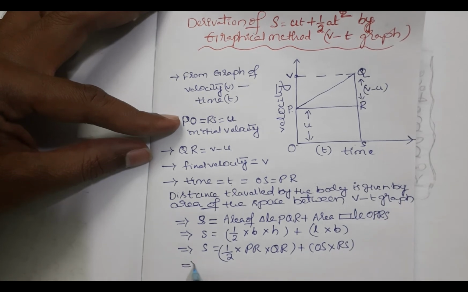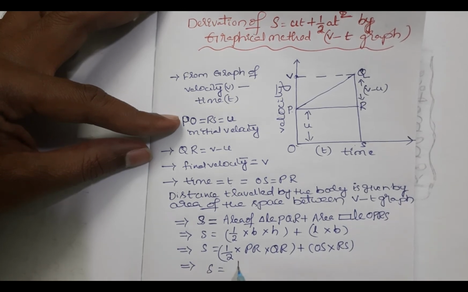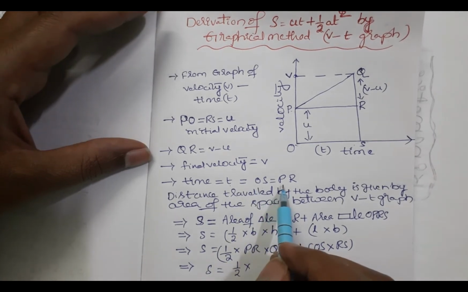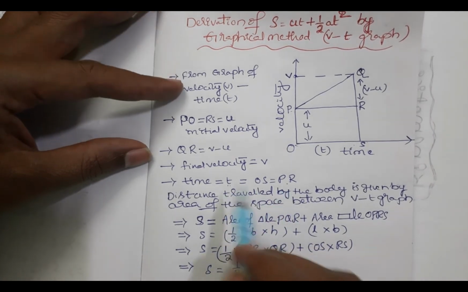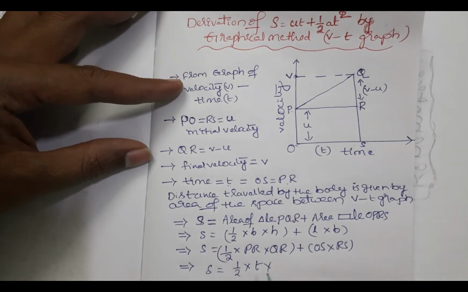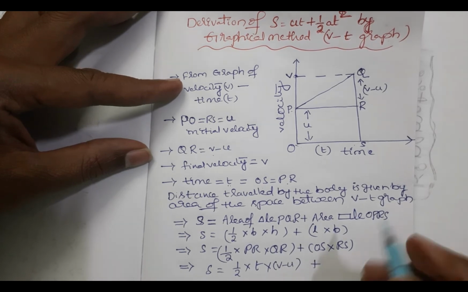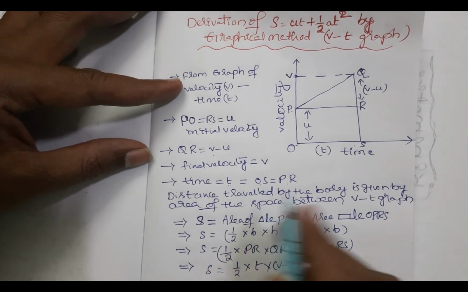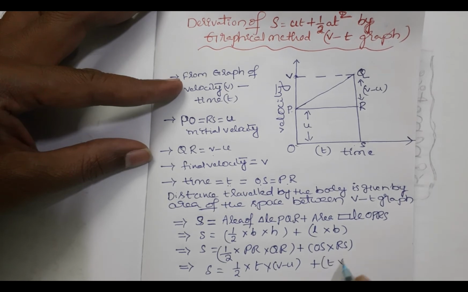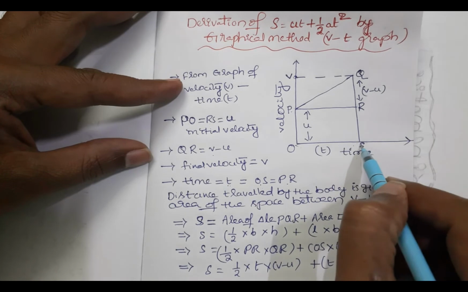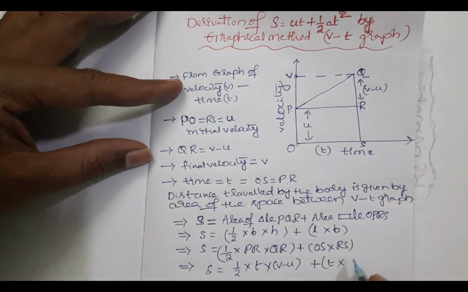So S equals half into PR, which is time, into QR, which is v minus u, plus OS, which is time, into RS, which is the initial velocity u.